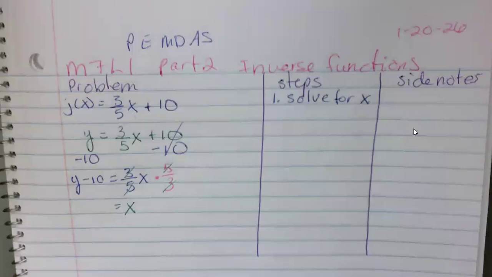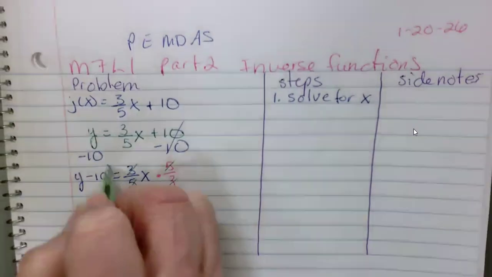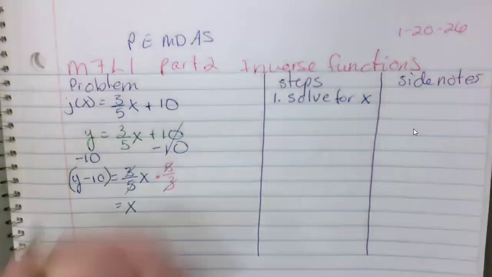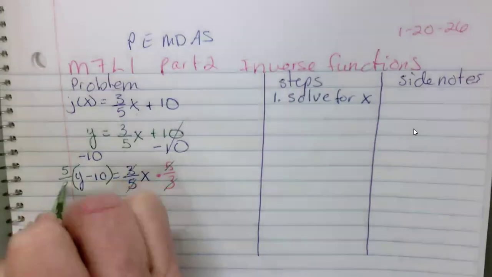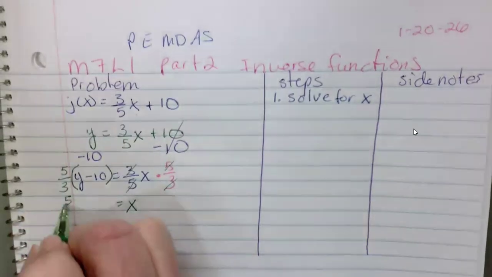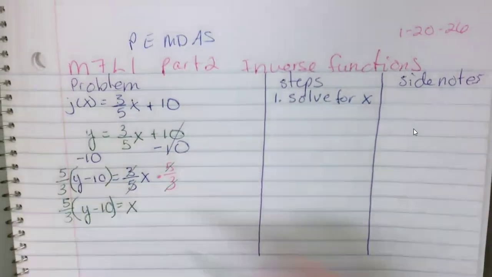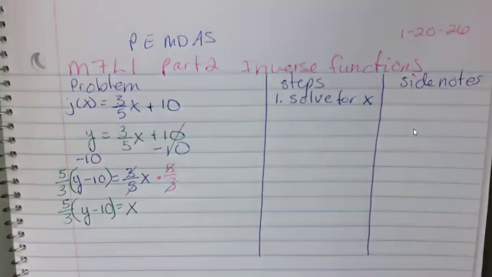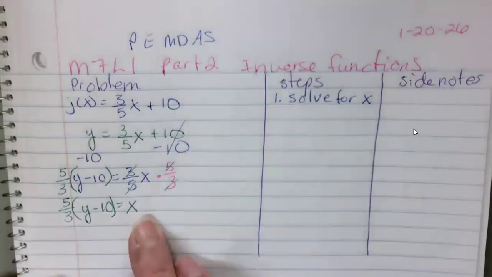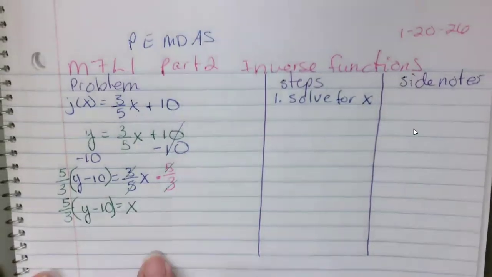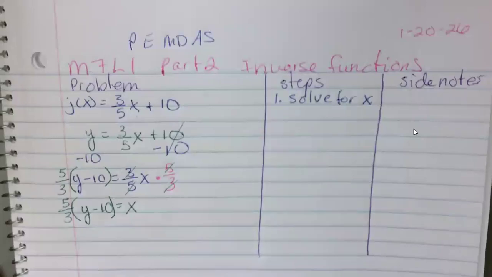It's gorgeous. And then I would just have to multiply this side times 5/3, and then we could have 5/3 times y - 10. This would actually be a beautiful way to leave this, but that is not how I did it in class, so I'm going to do it the way I did it in class.